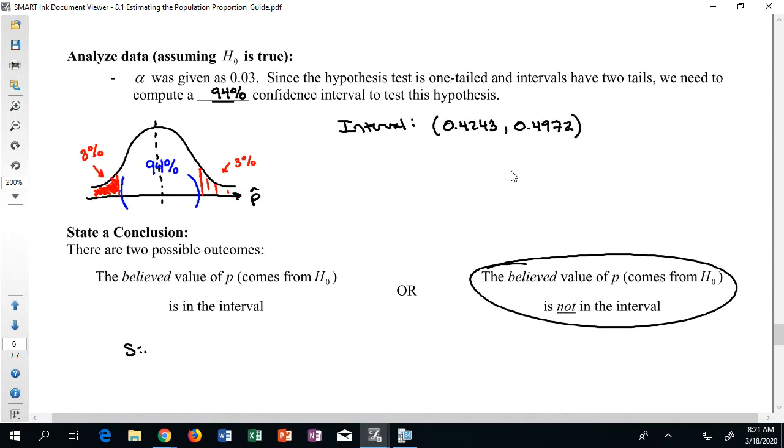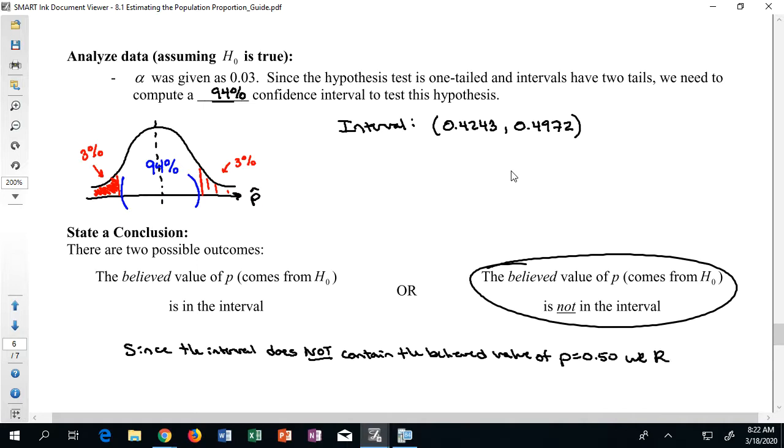So here's how I would write my two-sentence conclusion. I would say, since the interval does not contain the believed value of P, which equals 0.5, we reject H naught. That doesn't seem like a good fit anymore.